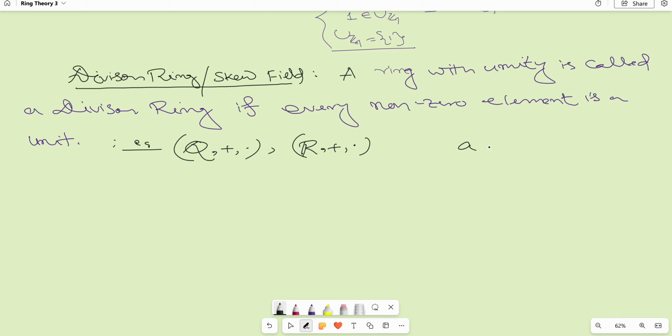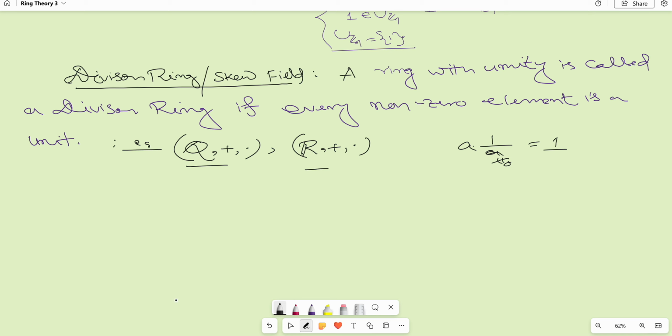For any non-zero a you get 1 by a, such that a dot 1 by a equals 1, and a cannot be 0. So every non-zero element of them is a unit. This is the definition of a division ring, also called a skew field.